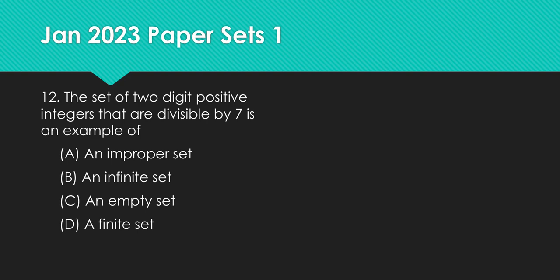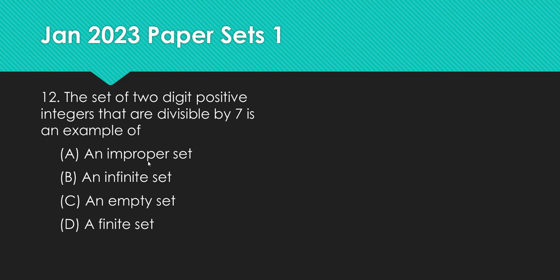So the answer for number 12: now they said a set of two-digit values. We have a limited amount of two-digit values, from 10 going straight down to 99. As soon as you hear that you have a limited amount, that means you can count all the elements between 10 and 99.